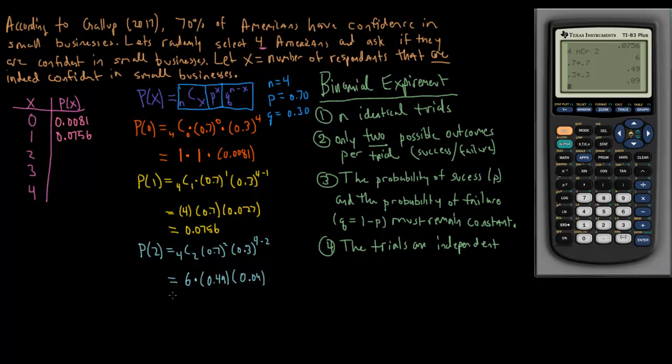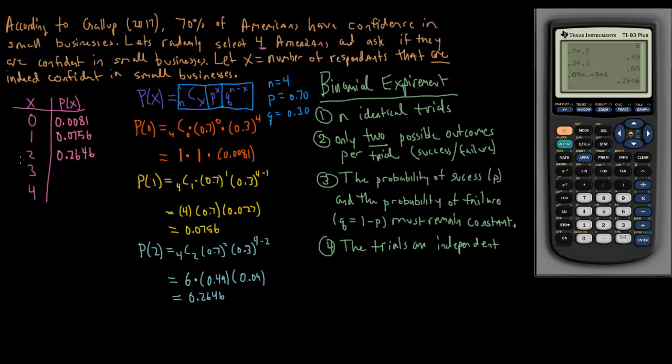Okay, so multiply those 3 numbers together. We have 0.09 times 0.49 times 6, and we get 0.2646. Okay, so we go over here, 0.2646.